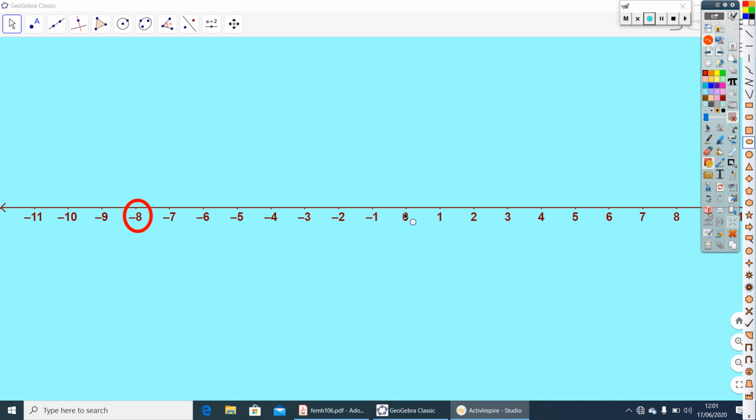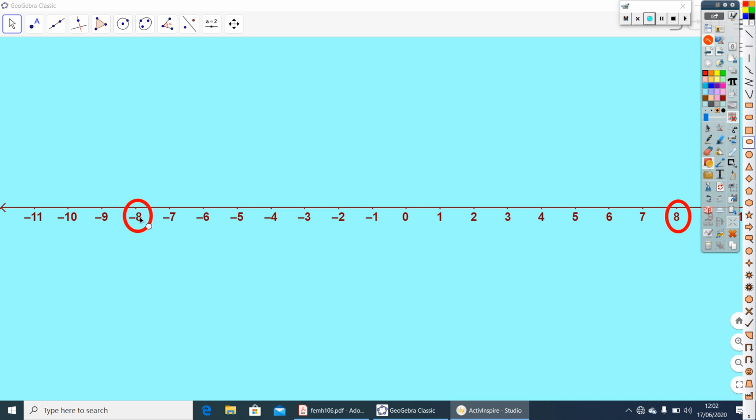Now what is the number which is 8 divisions right to 0 or in front of 0? 1, 2, 3, 4, 5, 6, 7, 8. It is positive 8.